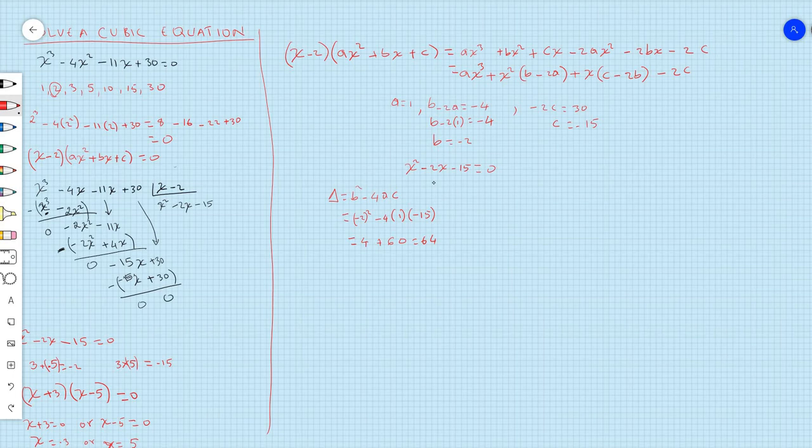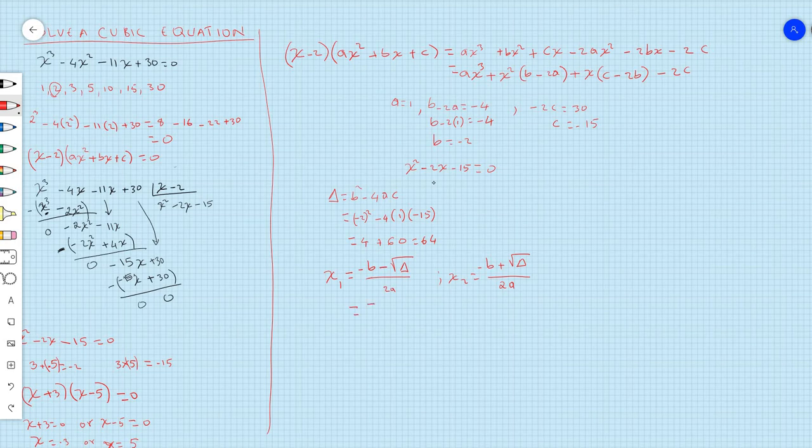And once you have the discriminant, to find the roots, you use this formula. X1 equals -b minus the square root of the discriminant over 2a, and then x2 equals -b plus the square root of the discriminant over 2a.